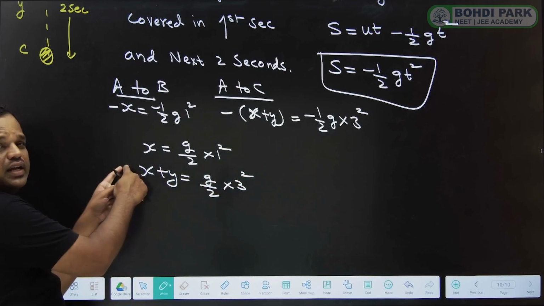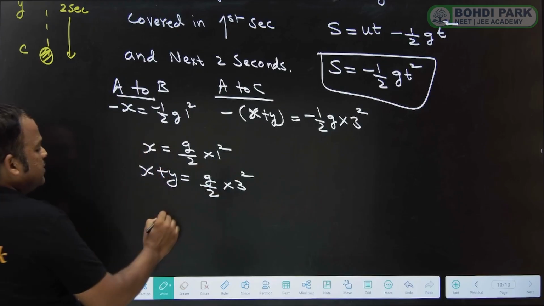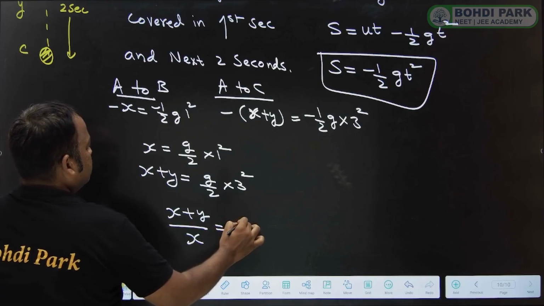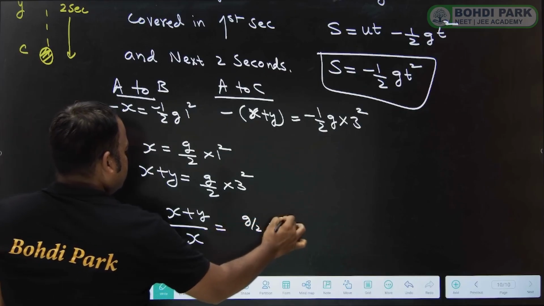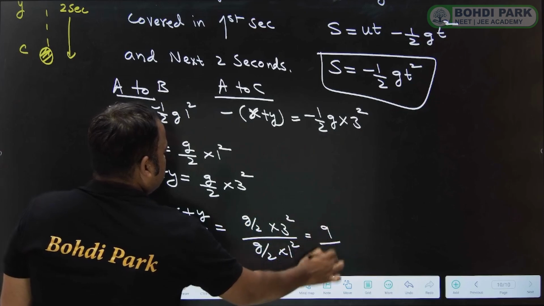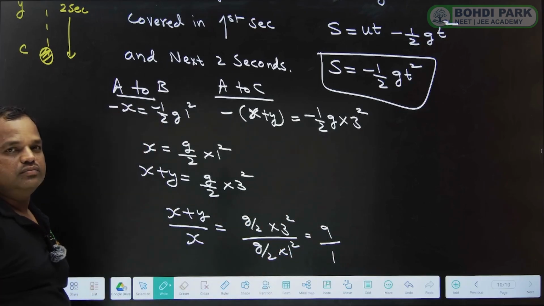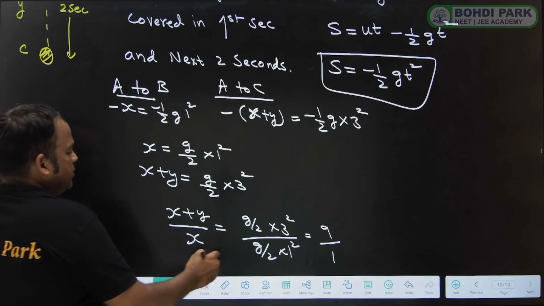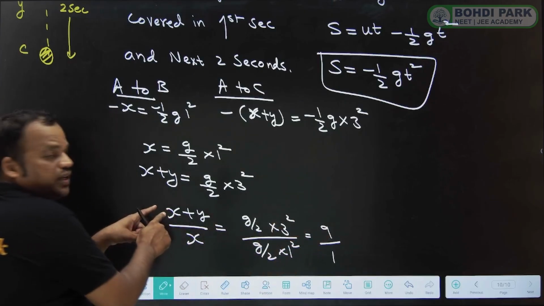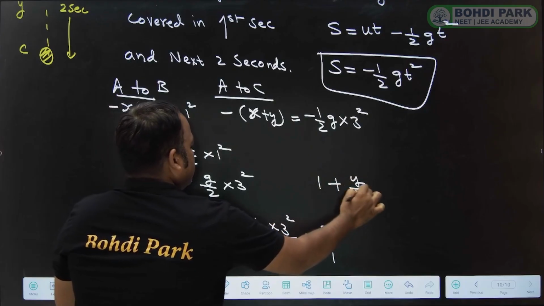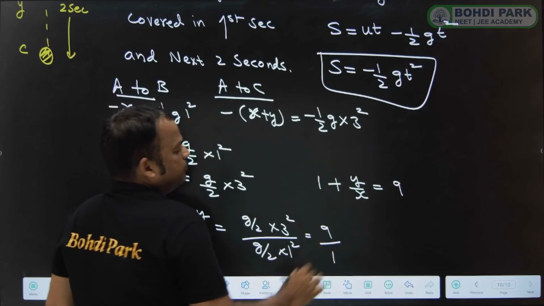Now we will divide: x plus y by x is equal to g by 2 into 3 square by g by 2 into 1 square. That will be equal to 9 by 1. Now we can solve like this: x by x, which is 1, plus y by x, is equal to 9.